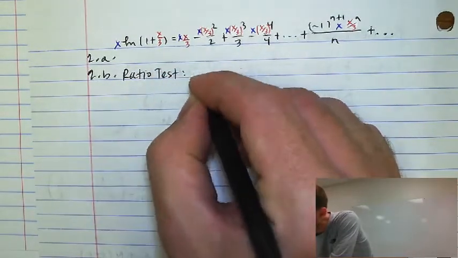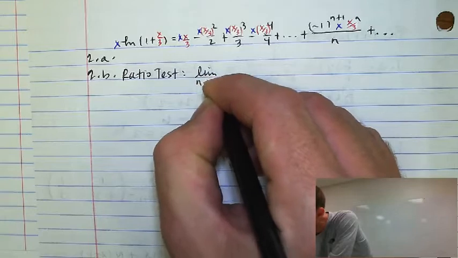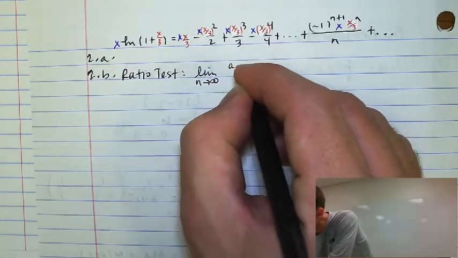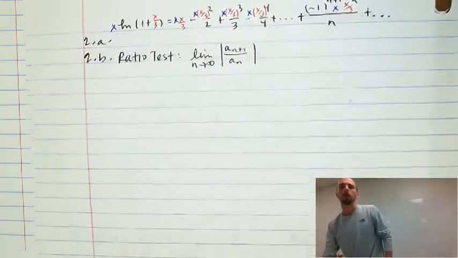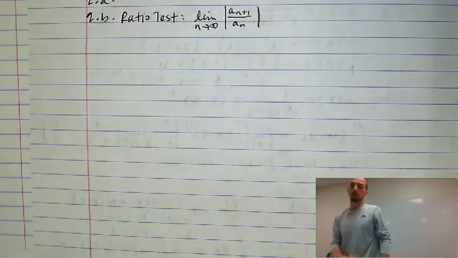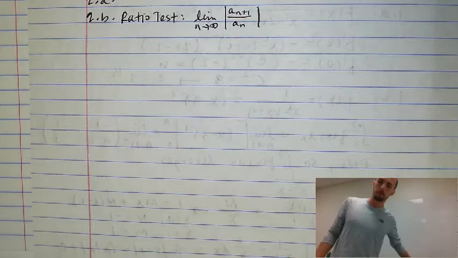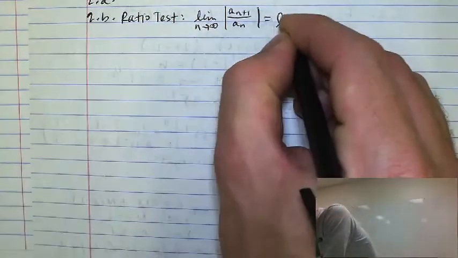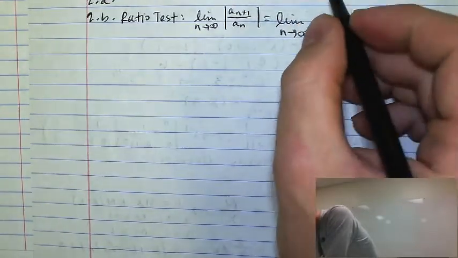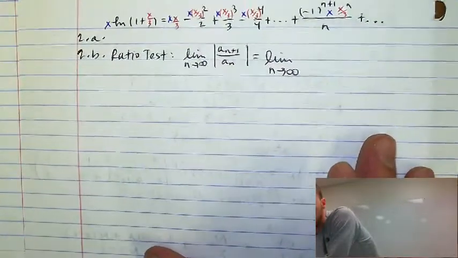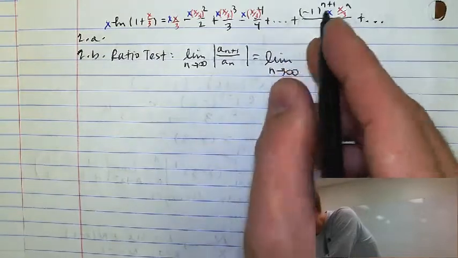So the ratio test is I'm considering the limit as n approaches infinity of the absolute value of a_(n+1) over a_n. Okay, just want to declare what I'm doing here, just in case I really go off the rails. So I'm going to look at the general term here. Okay, I'm going to copy the general term, but plugging in n plus 1 for n.